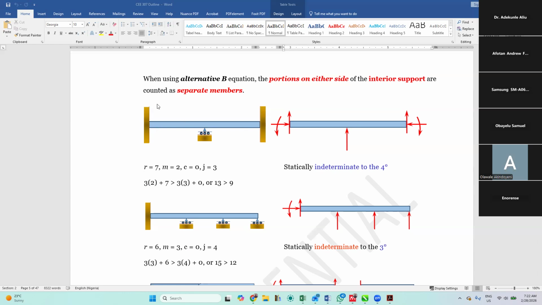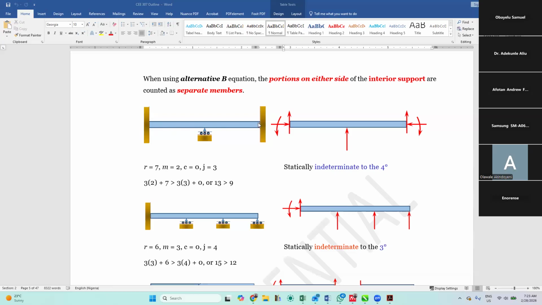The reactions, this is a fixed support, we have 3 here. This is a fixed support, we have 3 here. This is a roller support, we have 1. If you have 3 plus 3 plus 1, that's 7. Now, the question I want to ask, is there a pin in this member? Is there a hinge in this member?